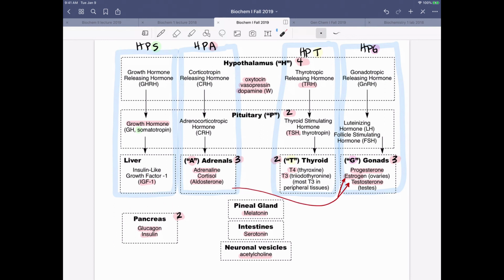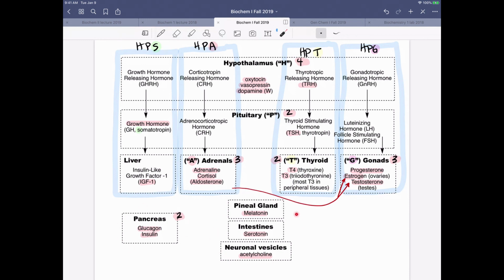And so why I've got these under this HPS axis is managing your fuel in terms of glucose homeostasis is really important for regulating growth. So the fact that this is an insulin-like growth factor ties in with the hormones glucagon and insulin here. So two hormones, again, produced in the pancreas.